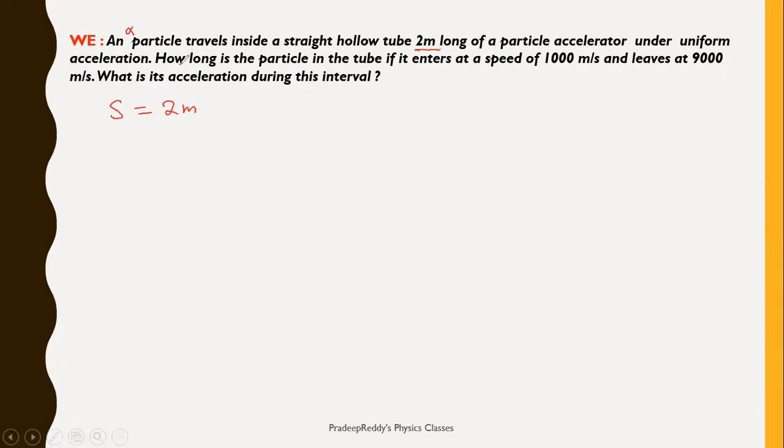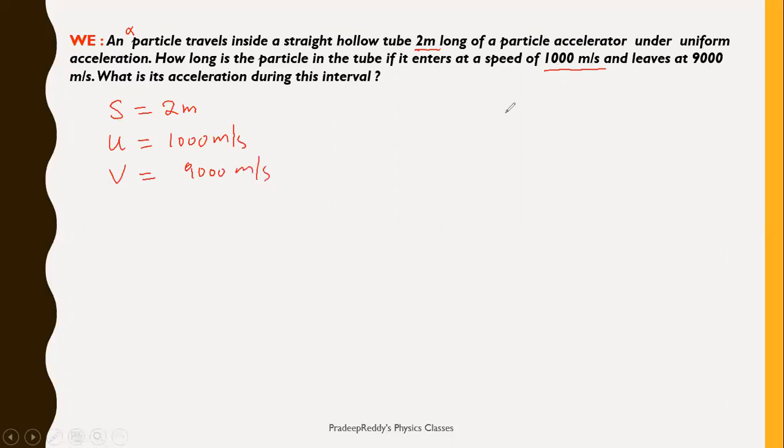Acceleration is uniform, it is mentioned. How long is the particle in the tube if it enters at a speed of 1000 meter per second? That means when it is entering the particle accelerator, its speed is 1000 meter per second, and it is leaving with velocity 9000 meter per second.